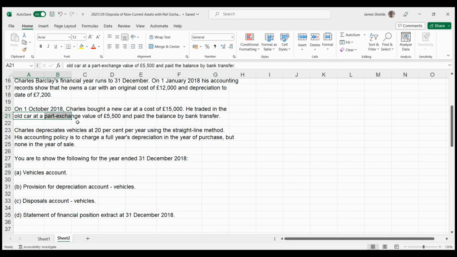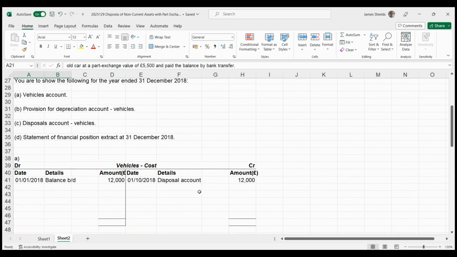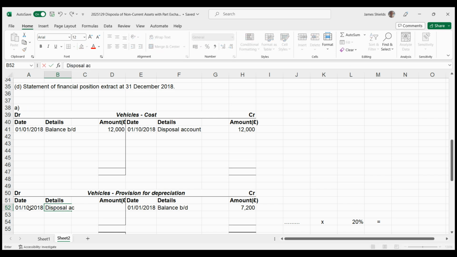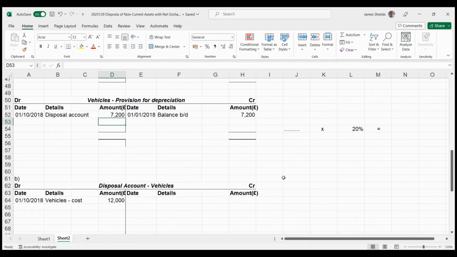Now, as well as transferring the cost to the disposal account, we've got to transfer the depreciation as well. So again, on the 1st of October 2018, the depreciation is transferred to the disposal account. The amount there is the depreciation on the previous vehicle, which was £7,200. So down to my disposal account on the credit side now.